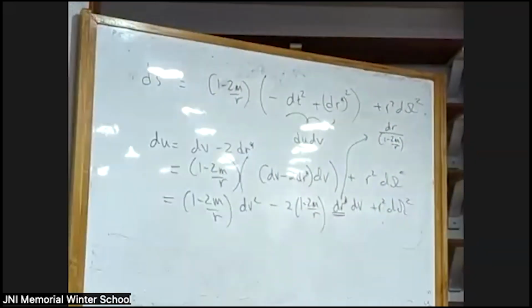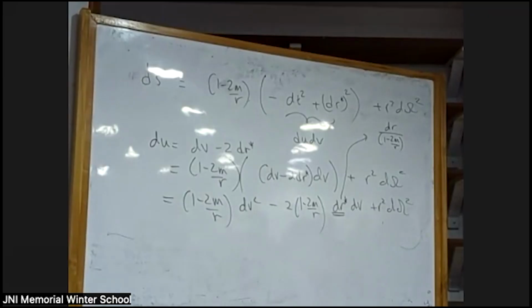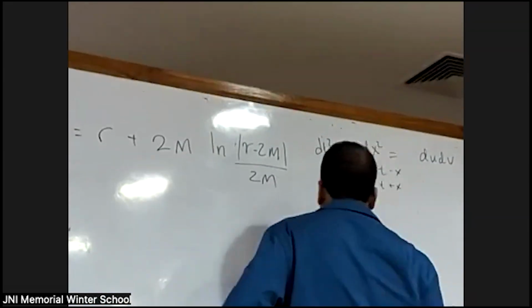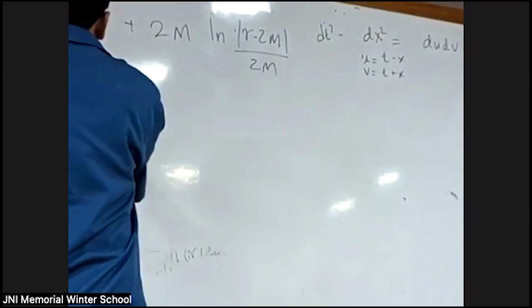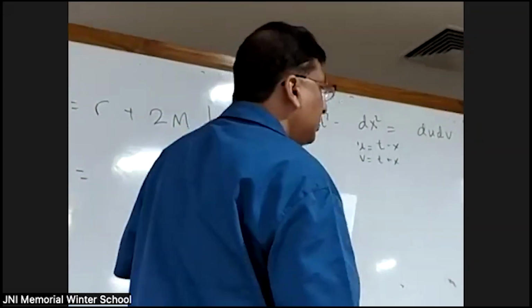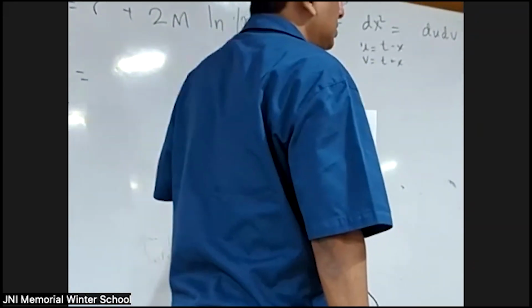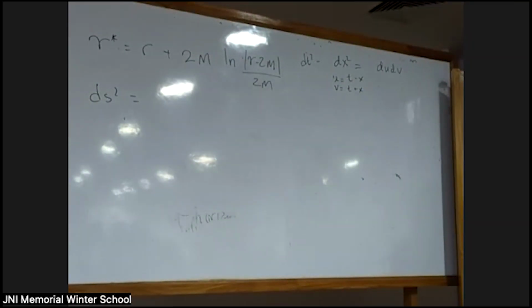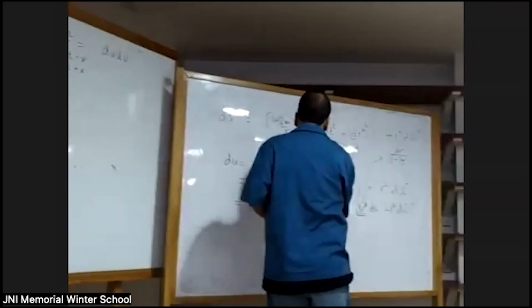Okay, now let me write it out here. So ds squared is equal to, am I missing a minus sign? It's a minus, right?